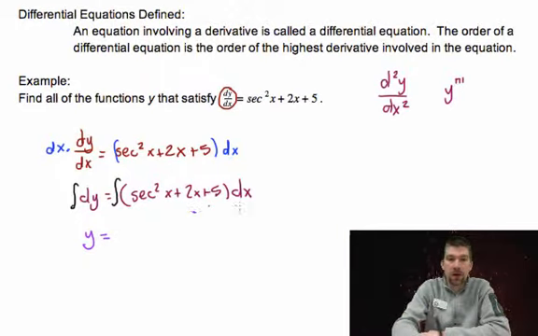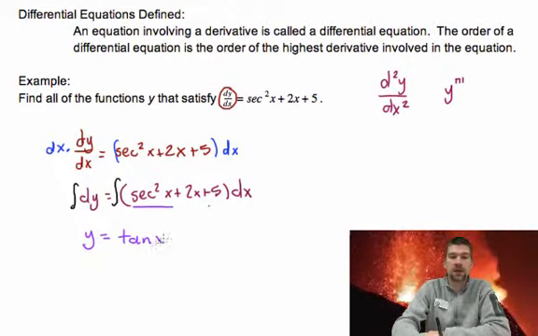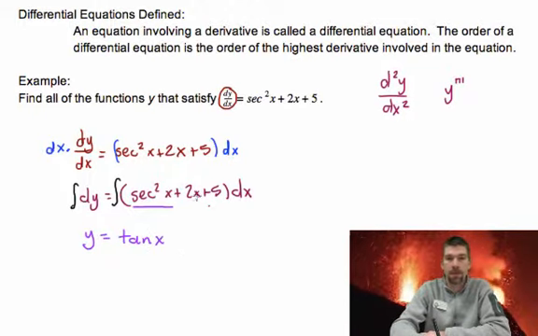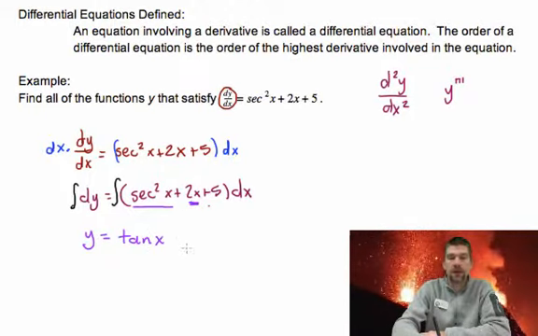If we integrate the right-hand side, what we're wanting to say is: the derivative of what thing is secant squared x? The derivative of tangent x is secant squared x. The derivative of what is 2x? That would be the derivative of x squared.